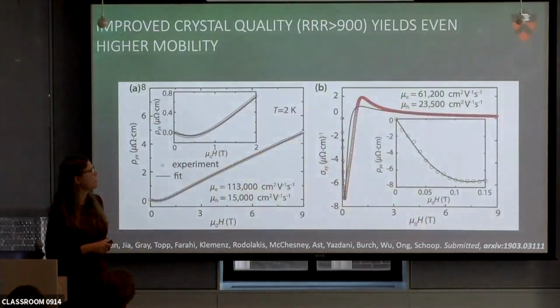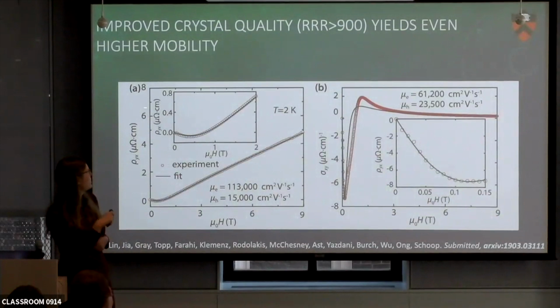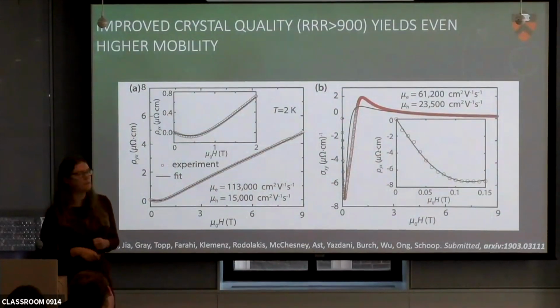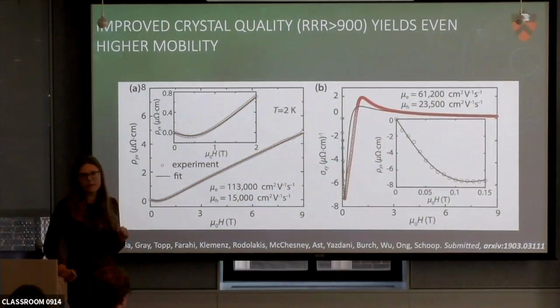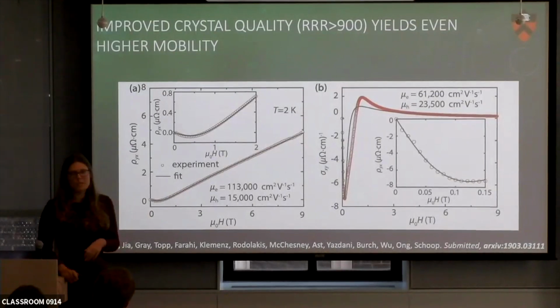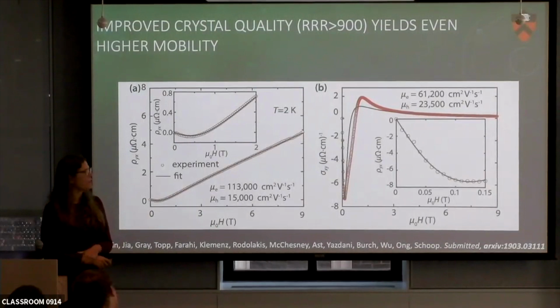And now we're reaching, depending on whether we fit the Hall conductivity or Hall resistivity, between 100,000 and 60,000 in the best crystals. So these bulk crystals are very highly mobile. They show antiferromagnetic order at some point, and we know that we can make monolayers out of them. We haven't made any monolayer devices yet, but I think it's a very promising material to study in the future.